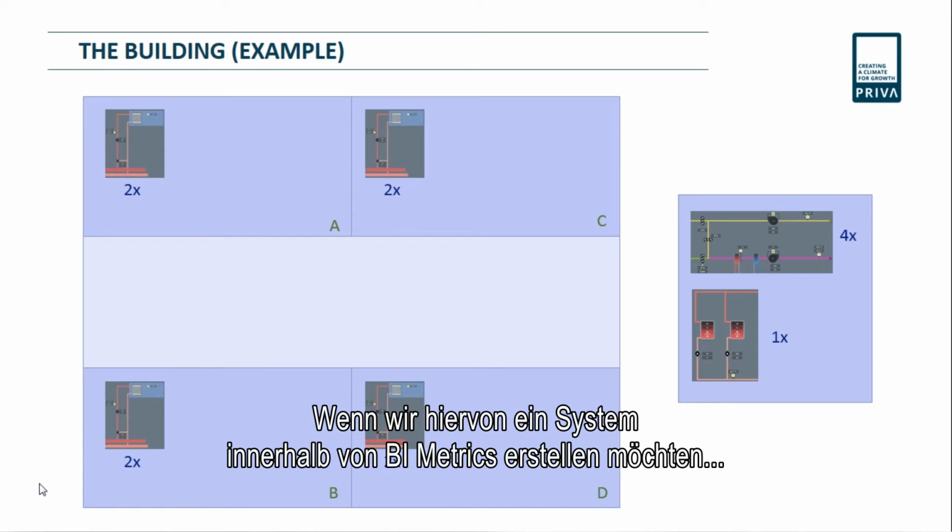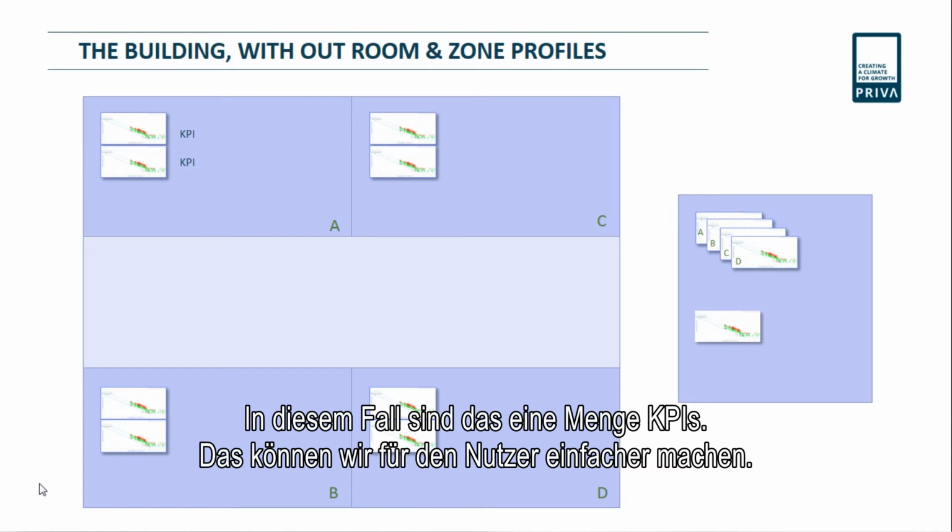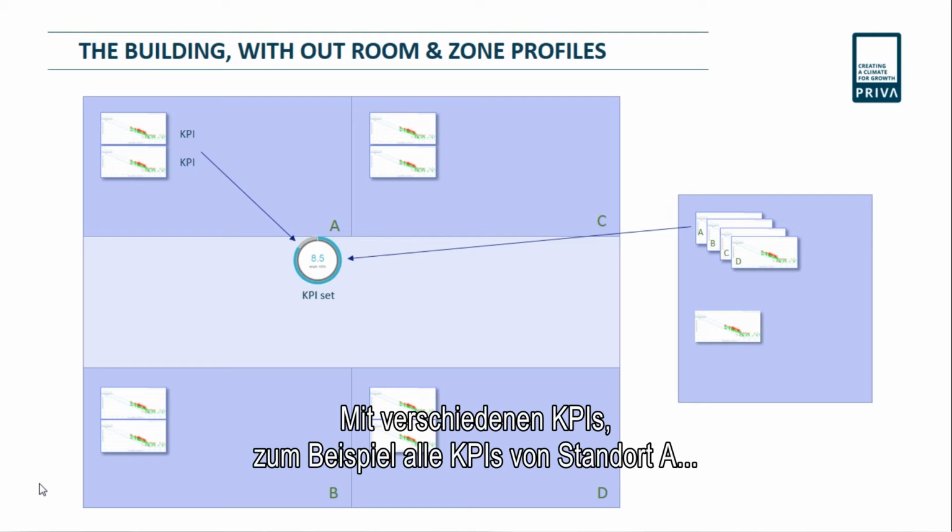Now if we would like to turn this into a system within BI Metrics, then it would look something like this. Each of the controls or each of the system have their own KPI. And in this case, that means that you get a lot of KPIs, but you can make it a bit smaller for the user to put various KPIs.